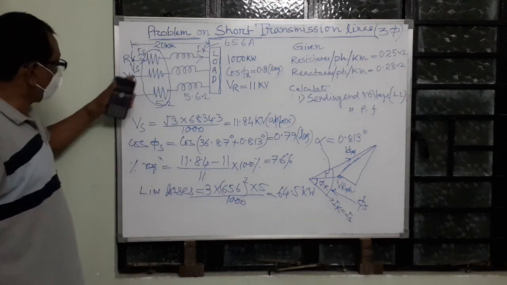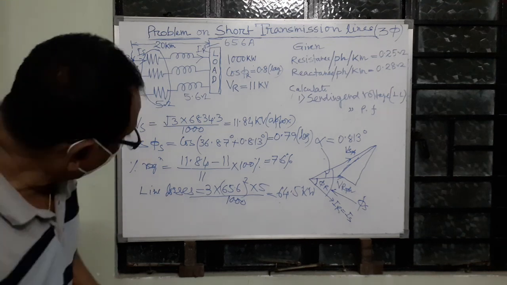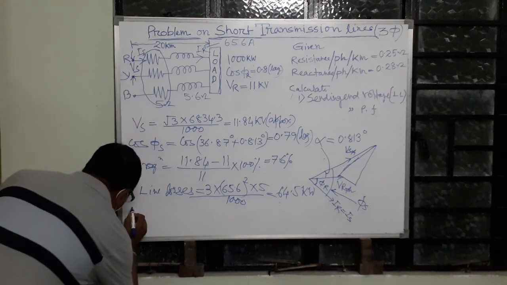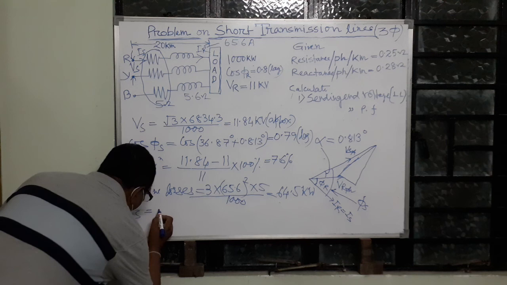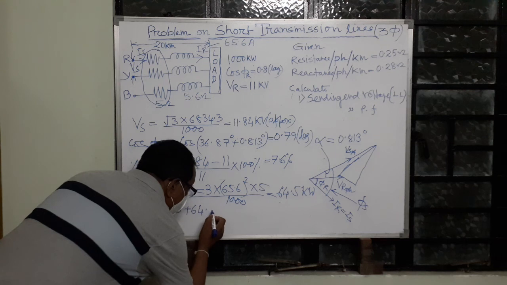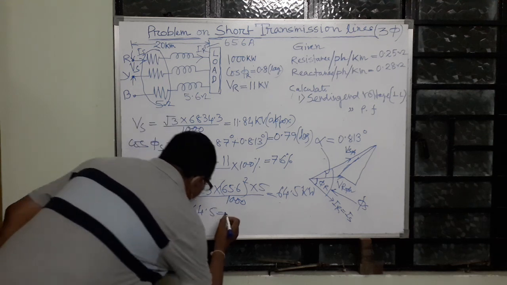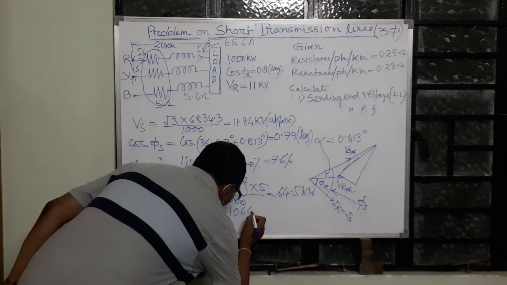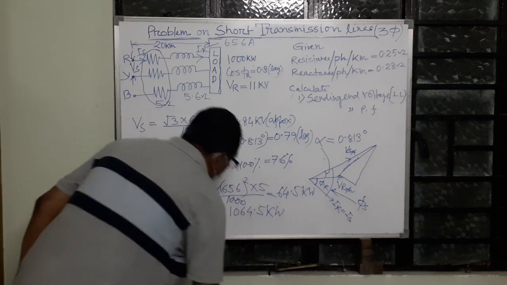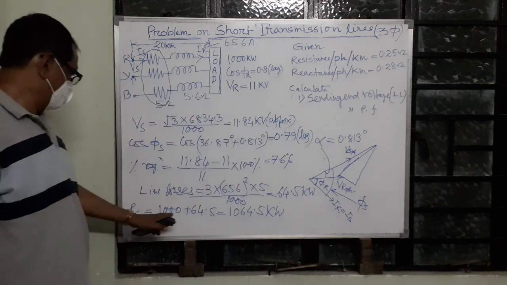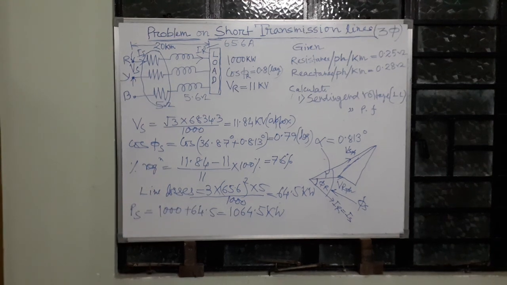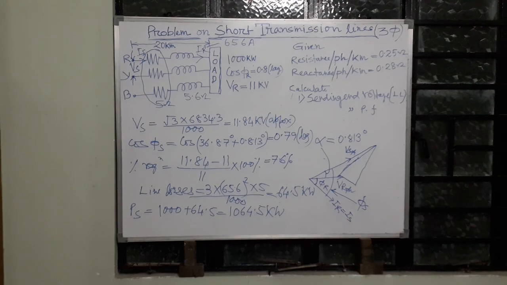So the sending end power, we can write, that is PS, is equal to 1000 plus 64.5, that is 1064.5 kilowatt. Now transmission efficiency.